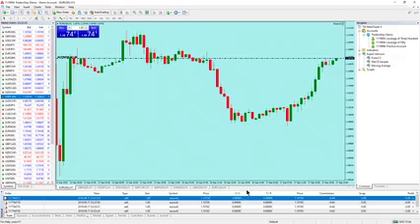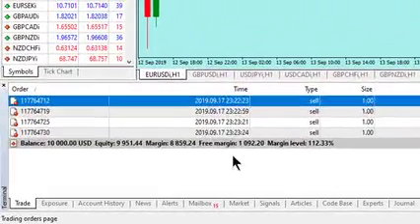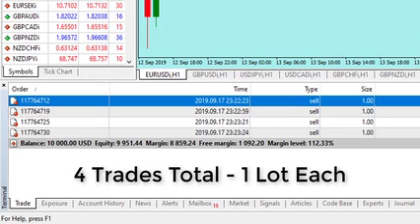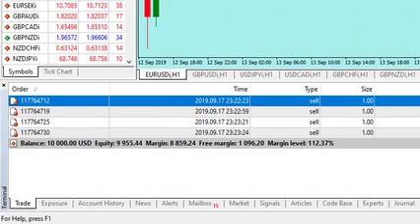Let me move this up just so you can see, right? So my margin is getting pretty low. My free margin is almost gone. So I've got 4 lots in. Now, one more time. I've got $10,000 balance. My equity, so my account right now, is $9,967.